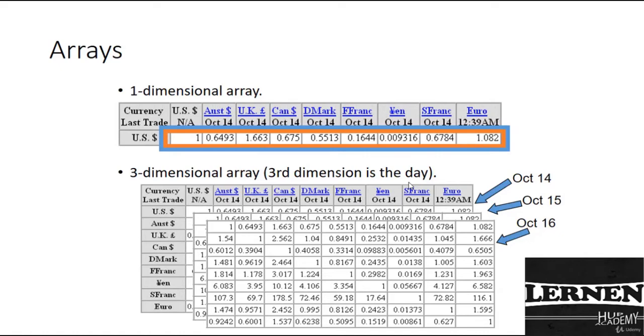A one-dimensional array has its data available in one dimension only. For the three-dimensional array, the data is available in three dimensions, for October 2015, October 2016, and October 2014. So this is the three-dimensional array in C++.